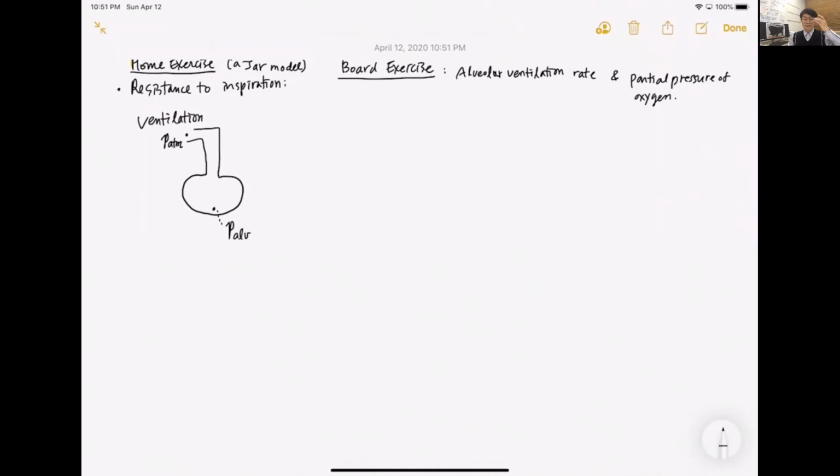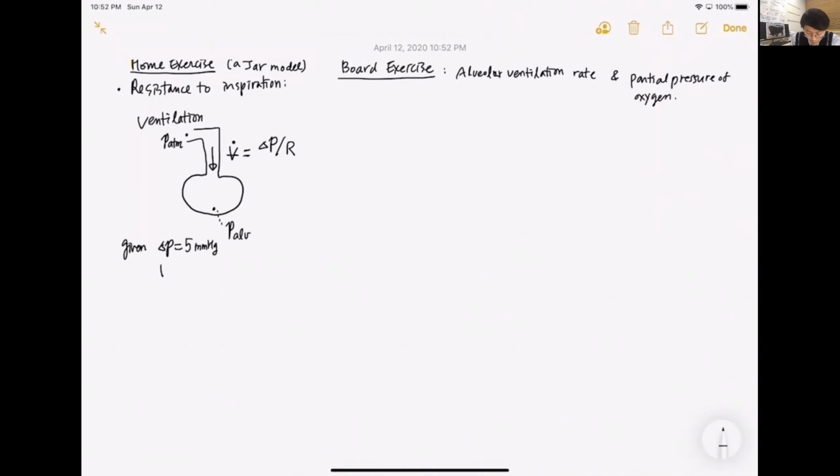And during inspiration, the flow rushes inside. So that volume flow rate, V dot, we know from the equation we learned, is the driving force, which is the pressure difference, divided by resistance R. The given delta P between the atmospheric pressure and the alveolar space is -5, so that difference is 5 mmHg.